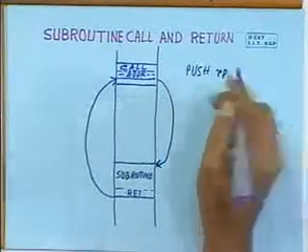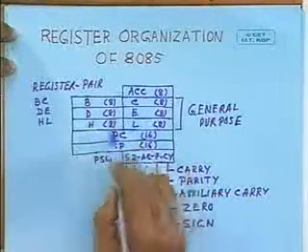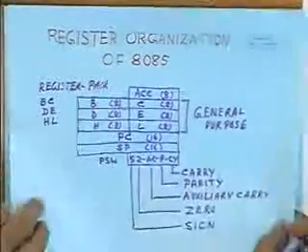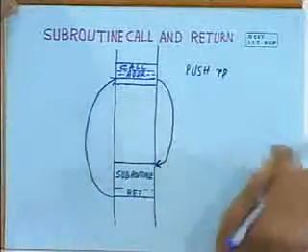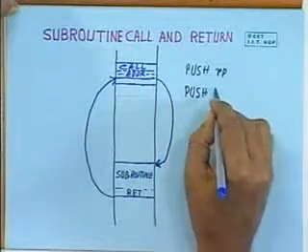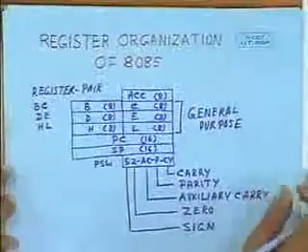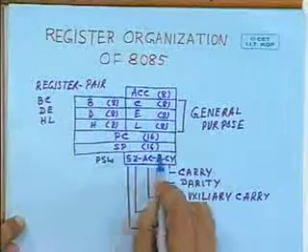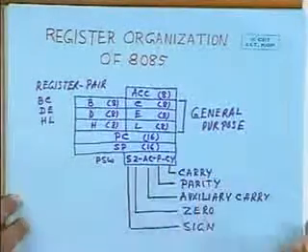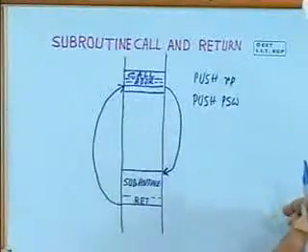Those register pairs like B, C, D, E, H, L can be stored in the stack by using this push instruction, or you can perform push PSW, program status word. Program status word comprises of the accumulator and the flag register. That means these two registers are stored whenever this push PSW instruction is executed.